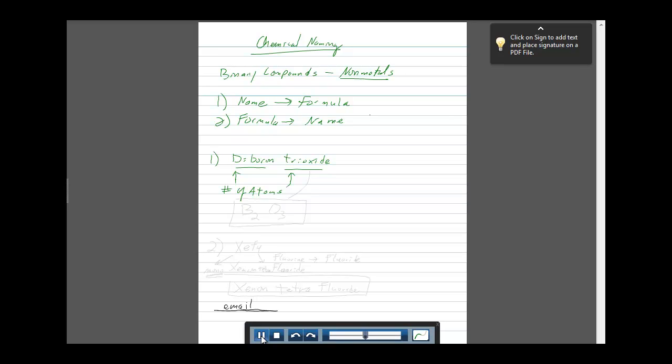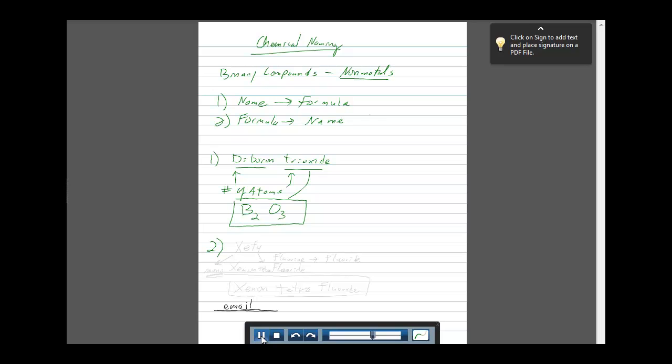And according to the name, we have boron, and the prefix di means 2. We have oxide, which is O, and tri, of course, means 3. And so diboron trioxide gives us a formula of B2O3.